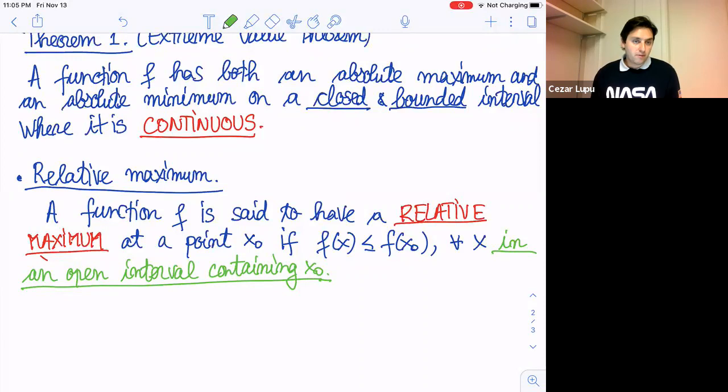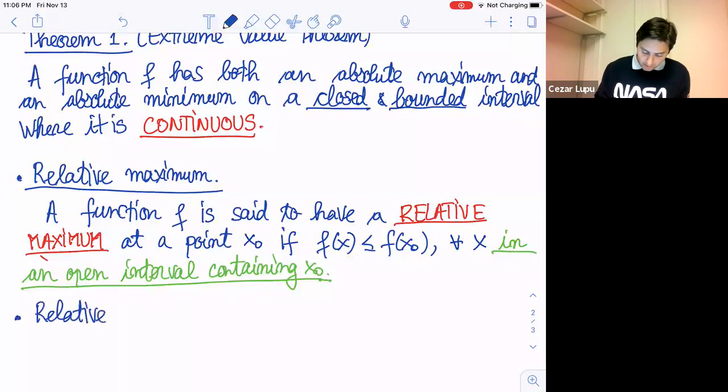If we go back to the definition of the absolute max, you see that the same inequality holds true, but for all x in that domain D. So it's not just an open interval containing x naught. Well, as you can imagine, the same scenario will hold true when we deal with the relative minimum.